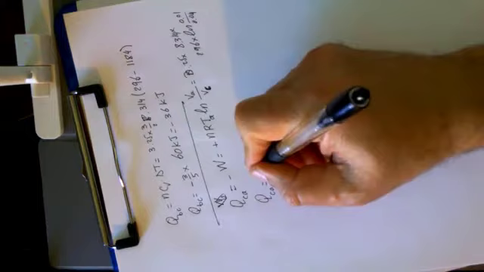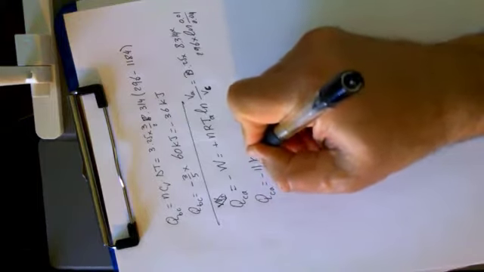Yep, it's negative 11,000 something, which is very close to negative 11K joules.